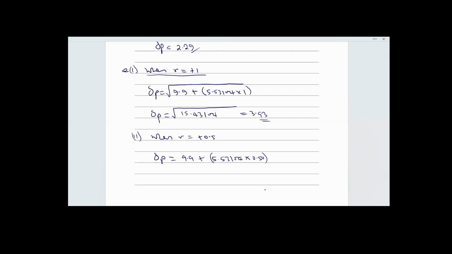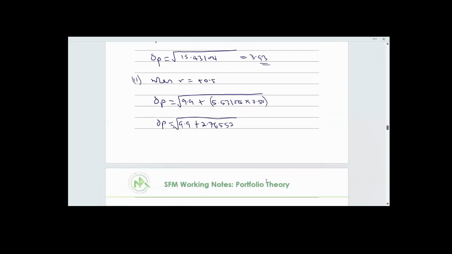So 5.53104 multiplied by 0.5 equals 2.76552. Find the square root. The risk of the portfolio will then be the square root of 9.9 plus 2.76552, equal to 12.66552.